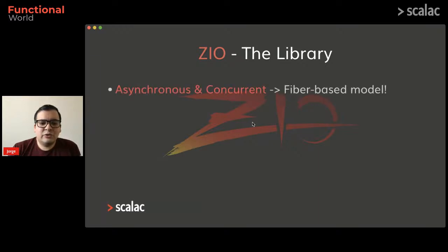It allows us to write applications that are asynchronous and concurrent using a fiber-based model. I'm not going to show this in the live coding today, but it's good to mention that this is the main characteristic of ZIO. You can write really, really concurrent applications in a very elegant way, using fibers instead of threads.